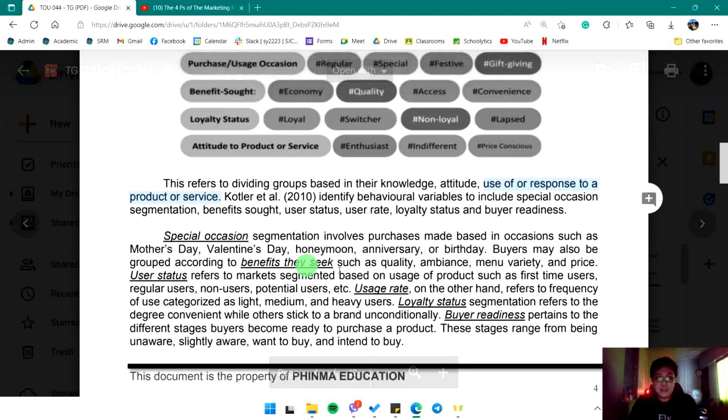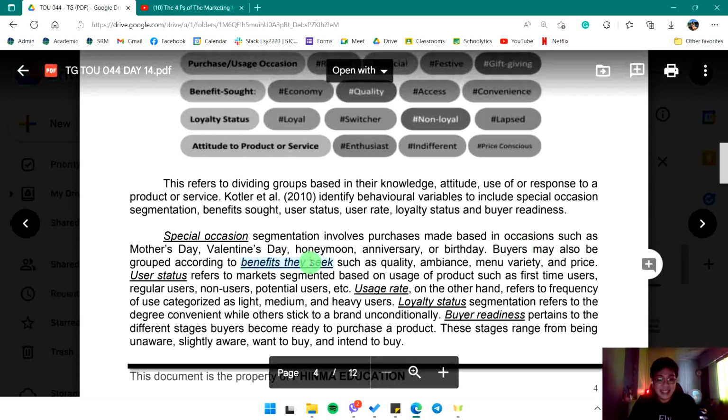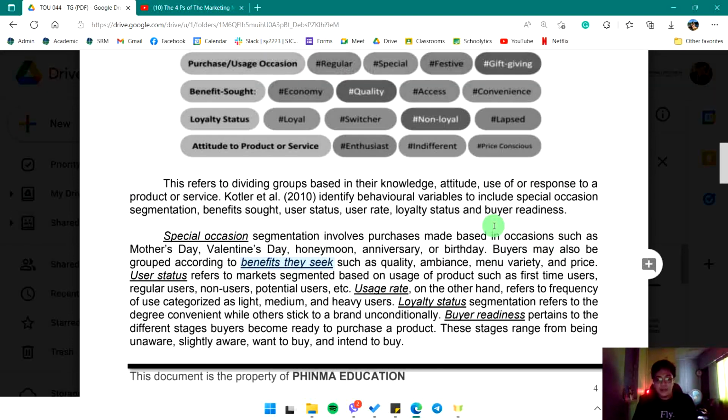First, buyers may also be grouped according to benefits they seek. So, ibig sabihin, when it comes to behavioral, this is how the market moves. This is how the market responds to a certain category or to a certain product. Dito po yung behavior ng market natin.